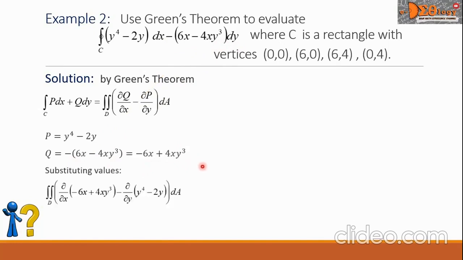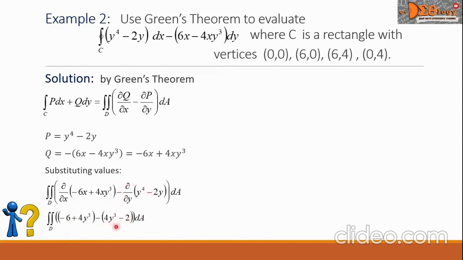Let us substitute the values in the double integral formula. Let us now evaluate the partial derivative of negative 6x plus 4x y cubed with respect to x, and the answer will be negative 6 plus 4y cubed, minus the partial derivative of y raised to 4 minus 2y.